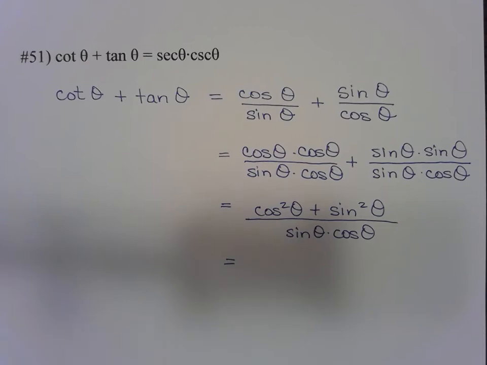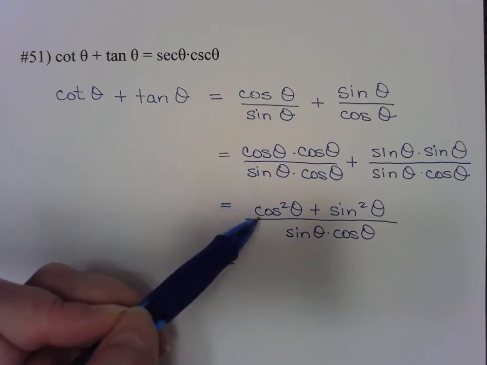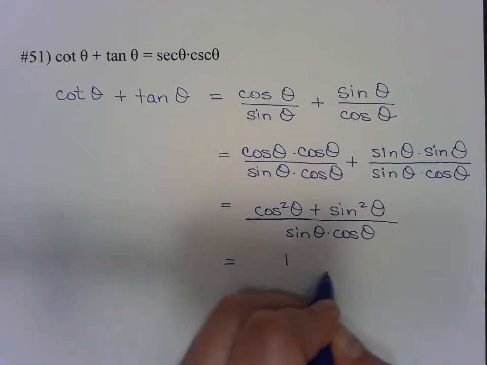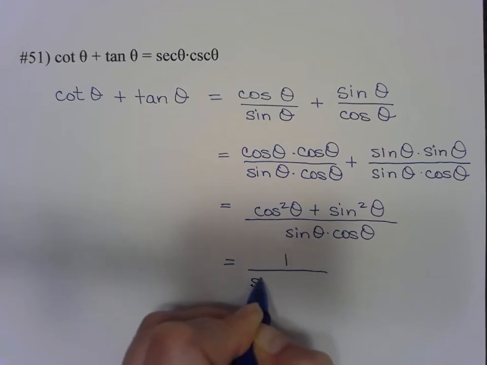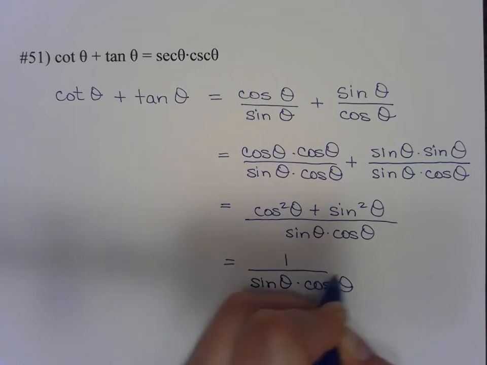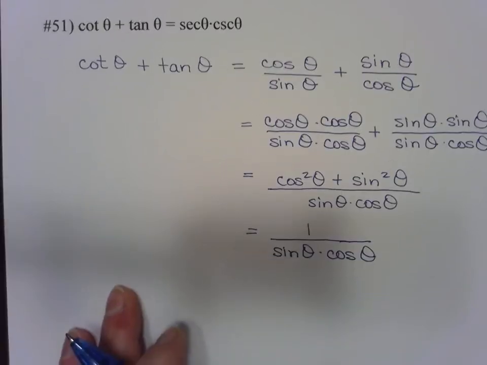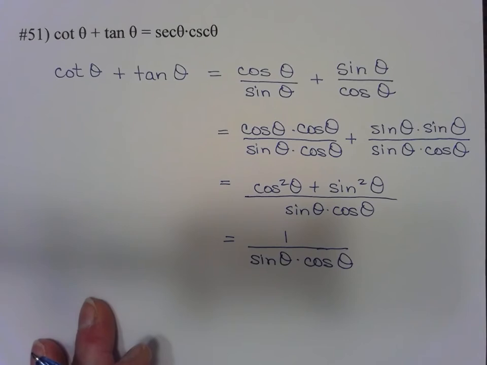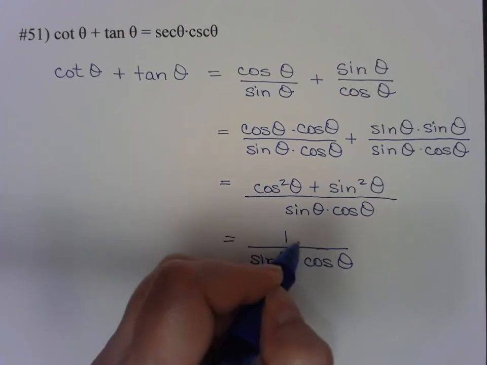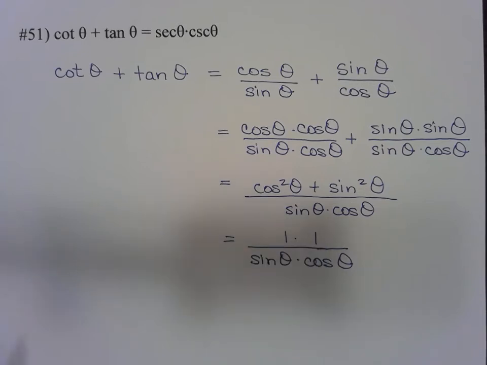Okay, and here's where the identities come in, right? I have that cosine squared plus sine squared is 1. I'm using that Pythagorean identity again. I have it written as one fraction right now, but we could definitely break it up into two separate fractions, right? 1 over the sine.